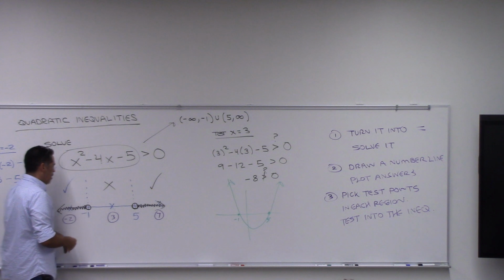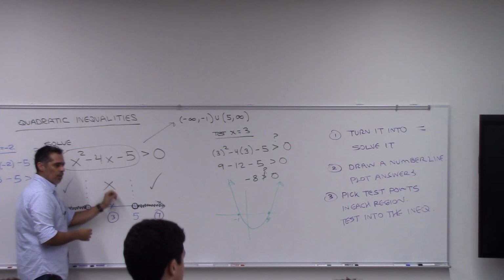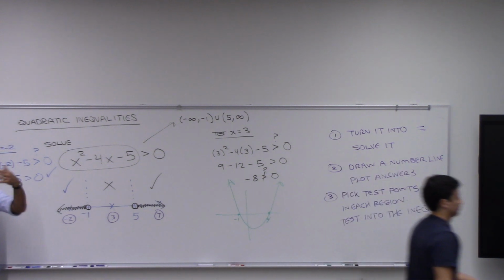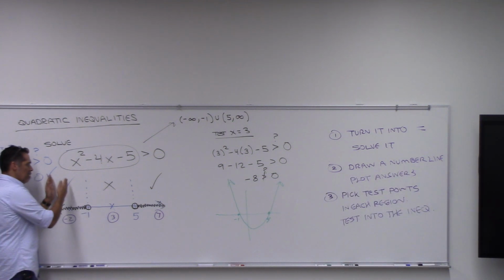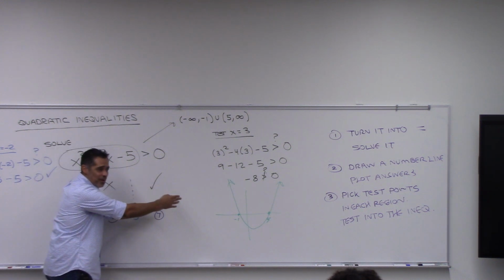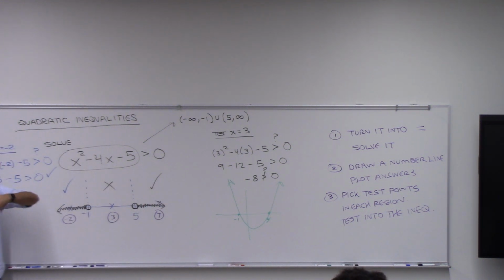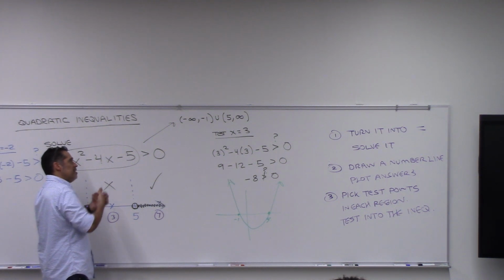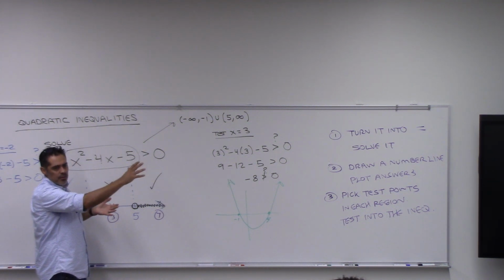Or if this one doesn't work, you would say works, doesn't work. That works for quadratics, but in the next section, it might be that it works, it doesn't work. Or it might be, it doesn't work, doesn't work, doesn't work. You have to check each one. So I'm trying to give you a method that's going to be consistent and work the rest of the way through.